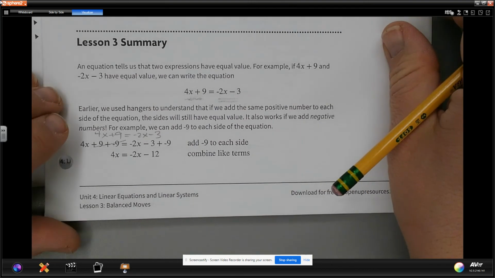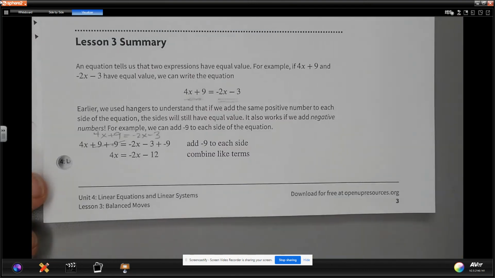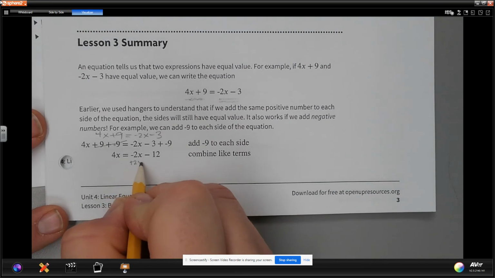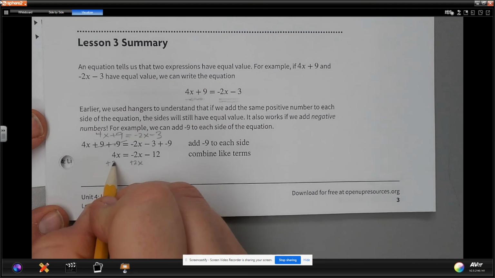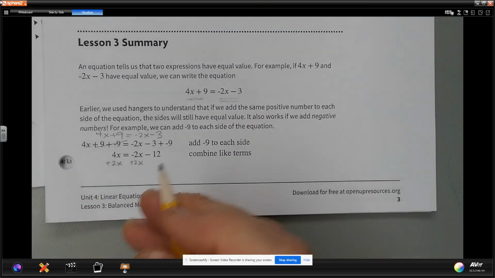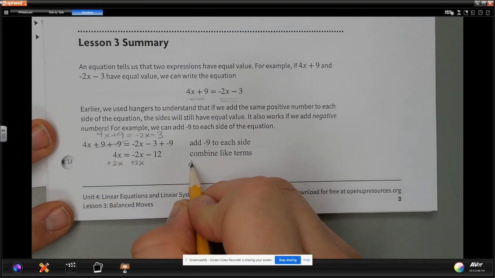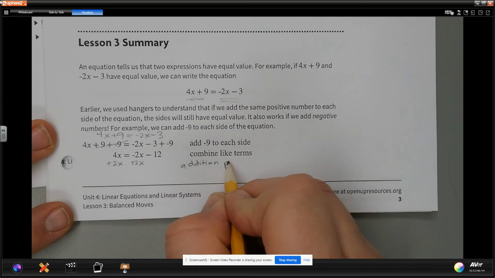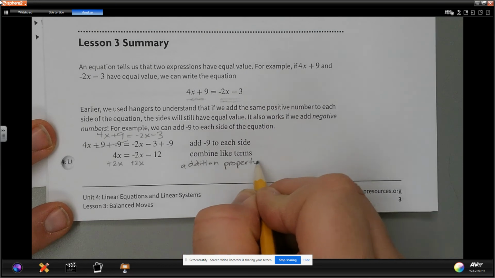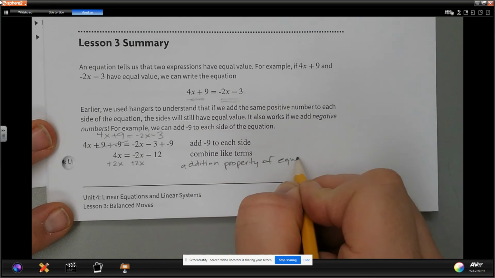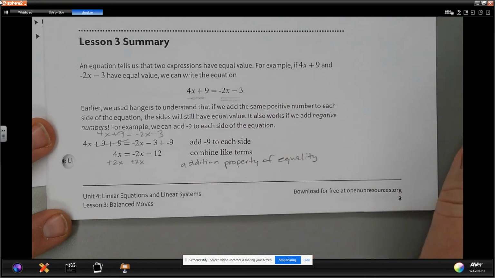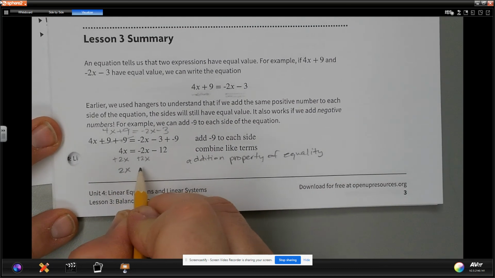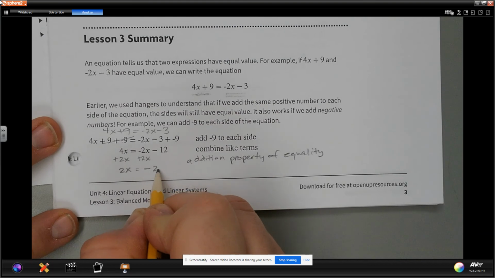Our next step that we would do, you'll see it on the next page, is that we would have to add the 2 times x to both sides. We can call this the addition property of equality, which would leave us with a simplified version. 6 times x is equal to a minus 12.